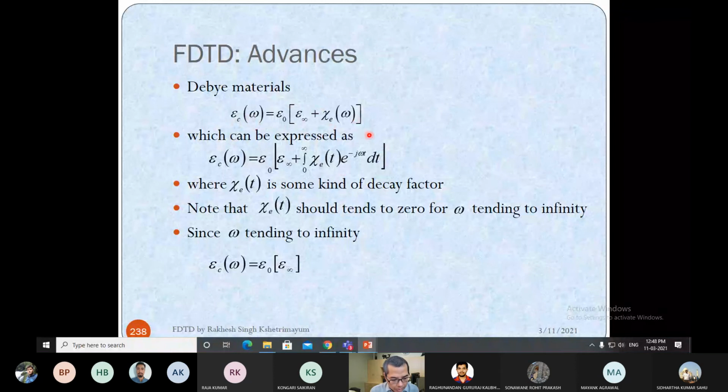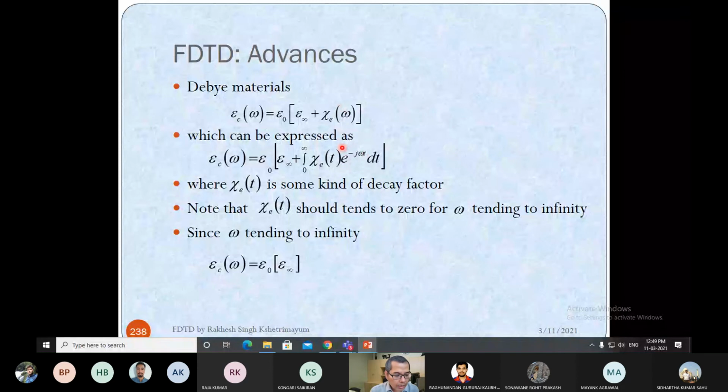So this can be expressed like this: epsilon c(omega) is equal to epsilon 0 epsilon infinity plus epsilon 0 chi e(omega). Chi e is a frequency dependent parameter. So if I know the time dependent parameter chi e(t), I just do the Fourier transform of that and I will get chi e(omega). That's what I have done here.